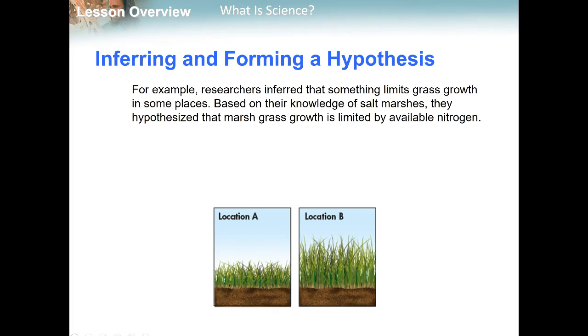So where we last left off, we were looking at these two different grasses, and we are going to infer in order to be able to form a hypothesis. So the scientists, the researchers looking at this, realize that there is something that is limiting this grass growth in the marsh.